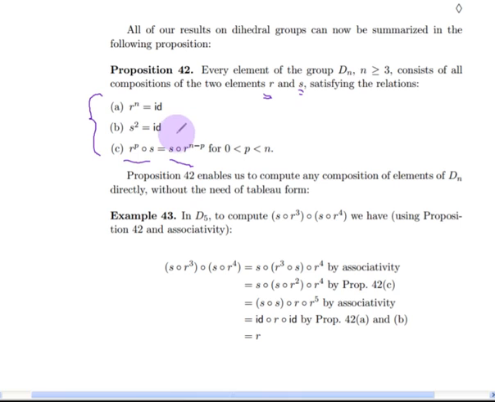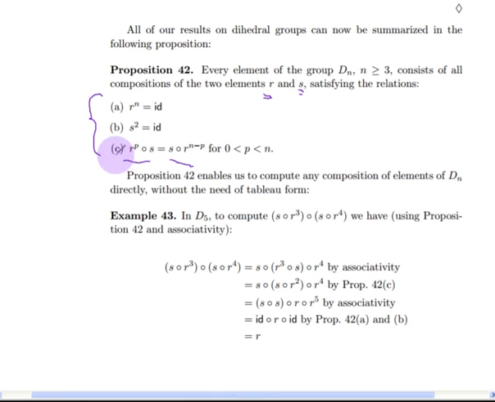Then I can create the Cayley table based on these conditions only. So these relations are enough to completely determine the dihedral group. I don't need any geometry. I don't need any figures. I only need these three relations, and that will give me the entire group structure.